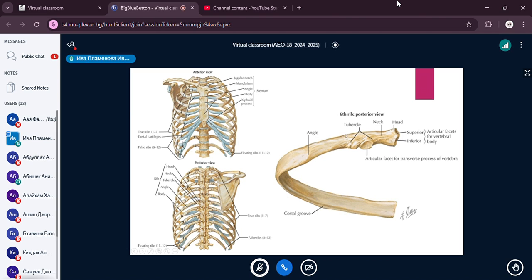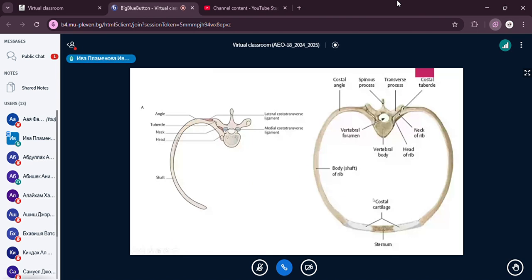Between the head and the body, we have the other part, which is called the neck. Here on the body, we have the rib tubercle with an articular facet for the transverse process of the vertebra. The costal angle.